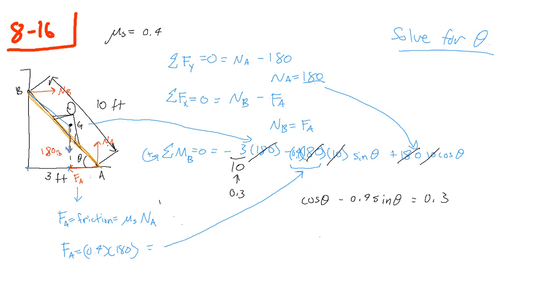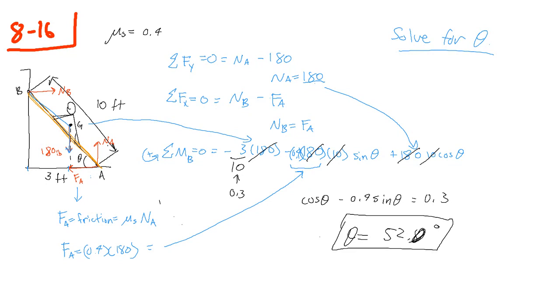Let's see. Okay, so yeah, let's put that into Wolfram Alpha. And I get 52 degrees for theta.